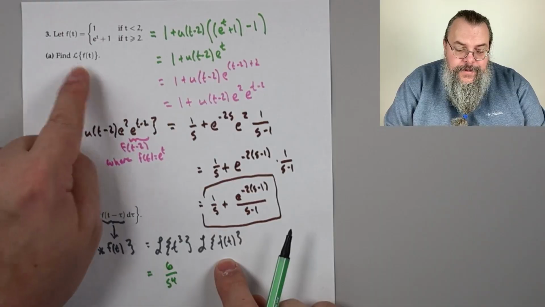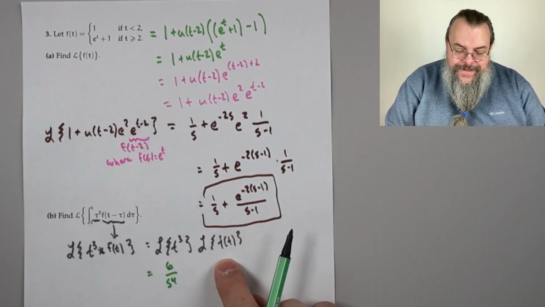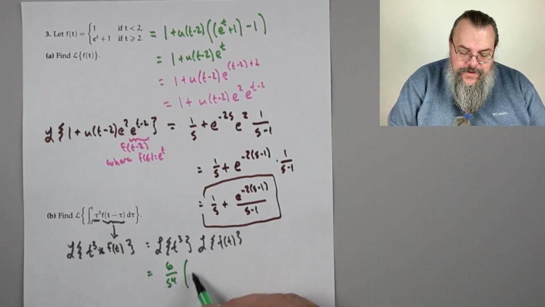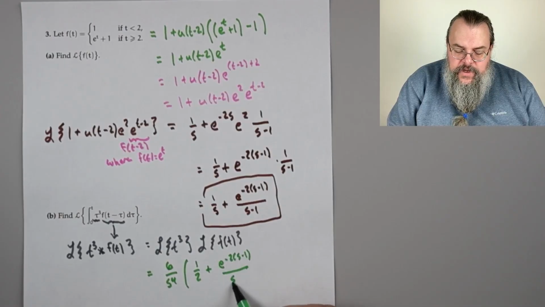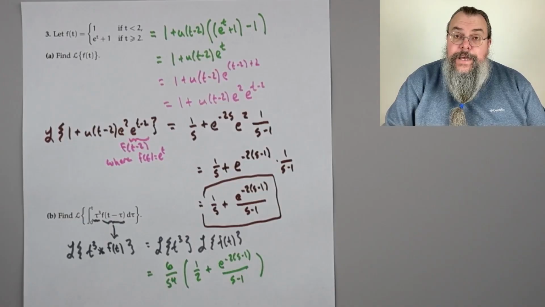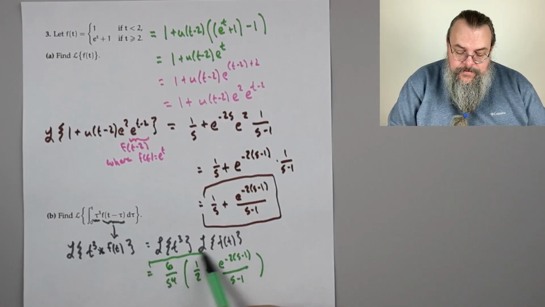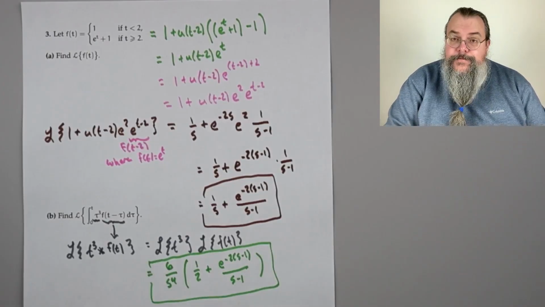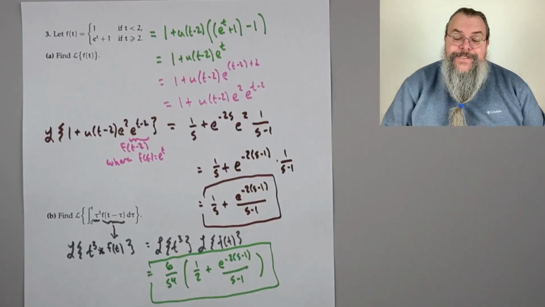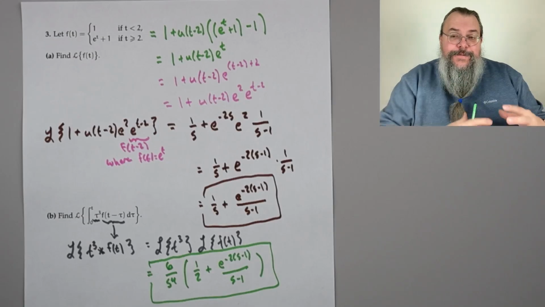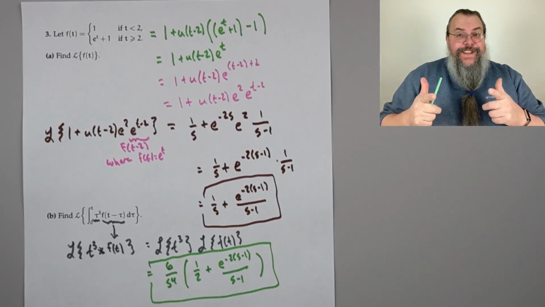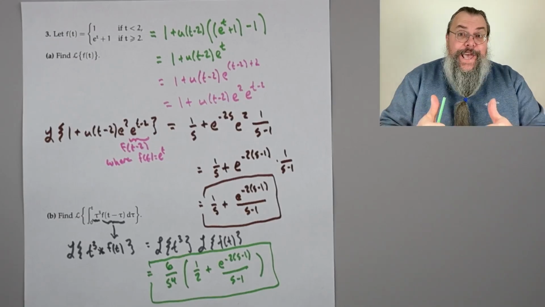Well, that's part A. So that's 1 over s plus e^(-2(s-1)) over (s-1), and we're done. That is the answer. Cool. So part B was all about, can we see the convolution? And if we can, life is good.